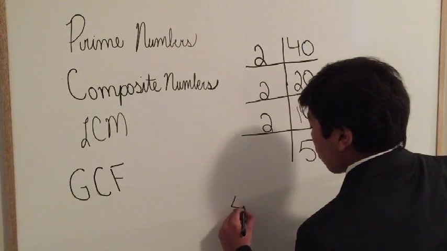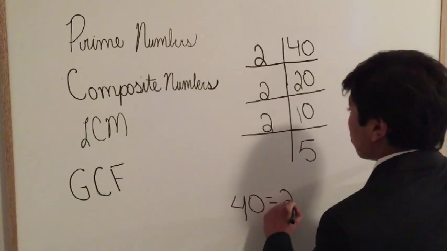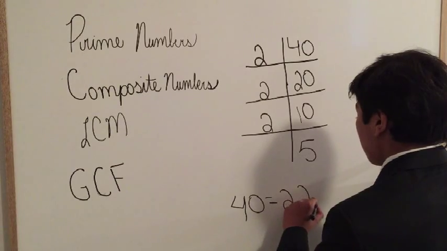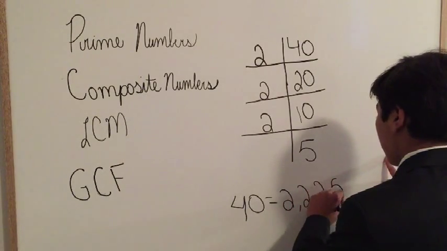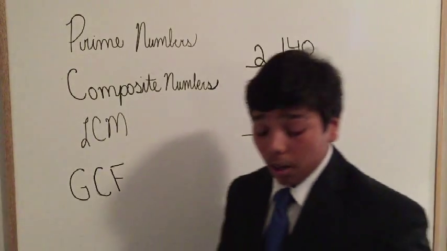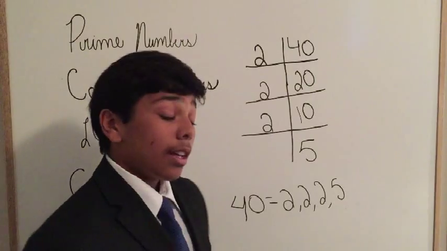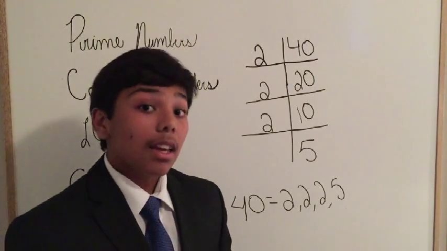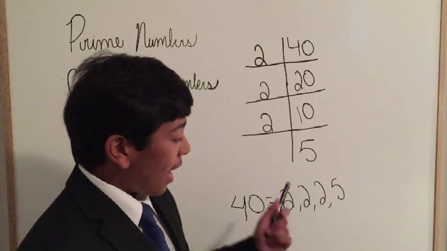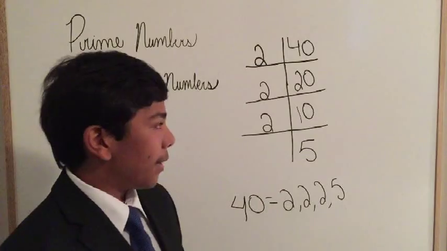So, 40 equals the prime numbers 2, 2, one more 2, and 5. And if we were to check our work, we could do 2 multiplies 2, giving us an answer of 4. 4 multiplies 2, giving us an answer of 8. And 8 multiplies 5 gives us a final answer of 40.